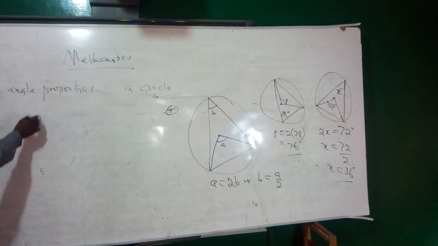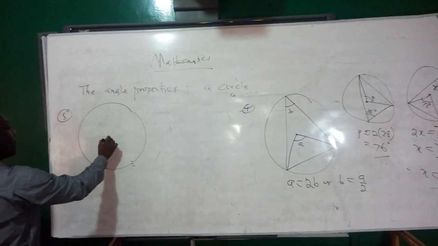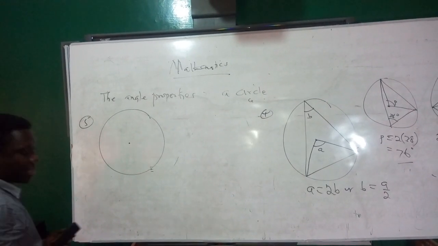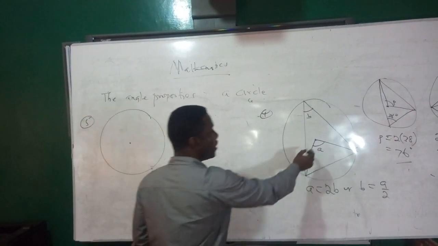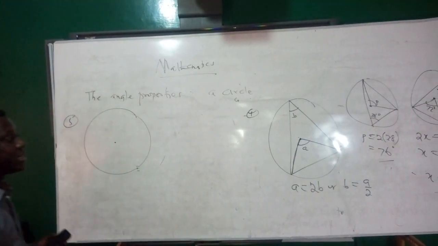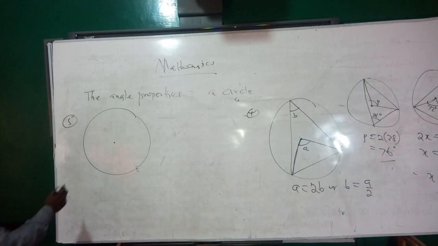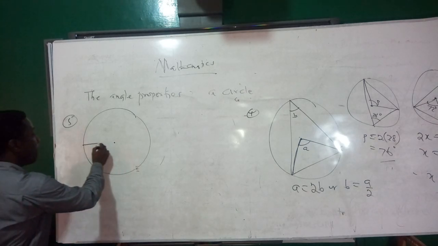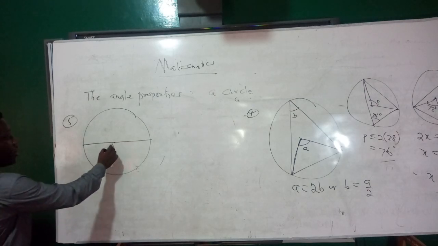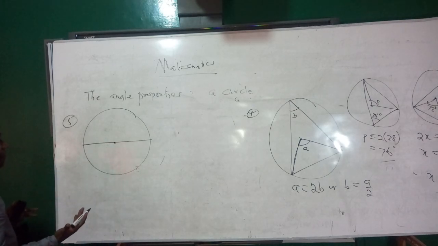So if we had a circle with a center, and this time these two radii are placed such that the two of them are in line, so that more or less they form a diameter.